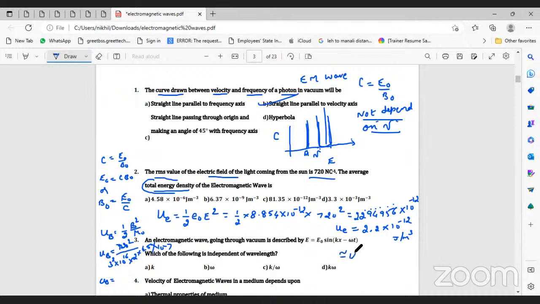It is also close to the magnetic energy, 2.3 into 10 raised to minus 12. Therefore, what is the total energy? Total energy will be these added up. Sorry, it is minus 6, because I shifted digits, no? 6 digits I shifted here. So if I add up these two values, it is found to be 4.5 something into 10 power minus 6. So you can take option A as the answer.